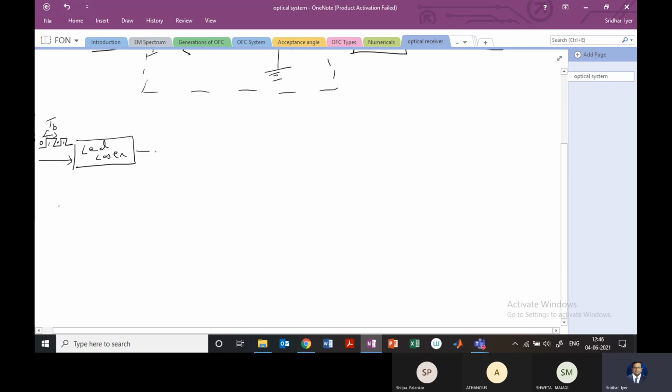Now what you get at the output is optical power pulses. They will look like this, and their duration will obviously be TB. So these are optical power pulses. The ones here which I have drawn are electrical or electric power pulses.